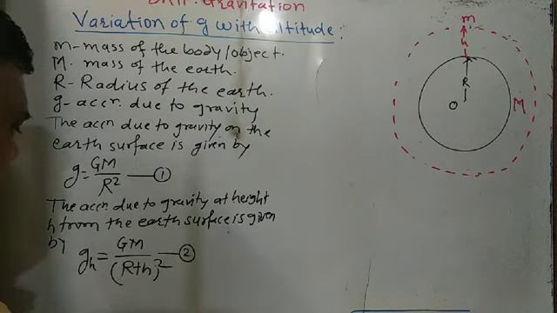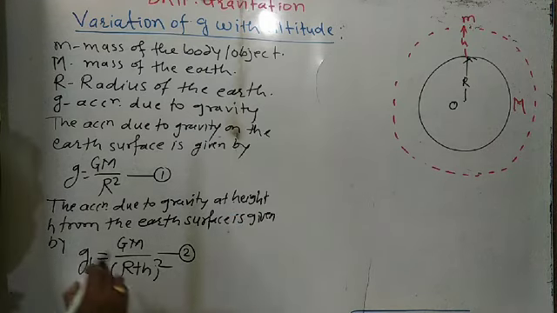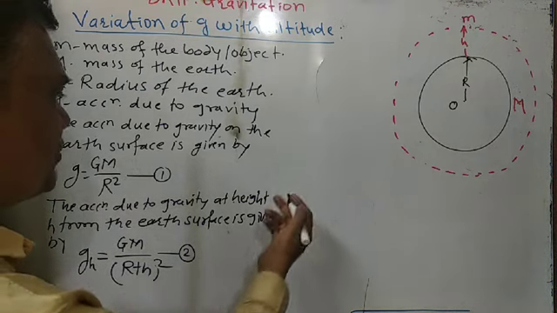This is equation number 2. But our aim is to find g_h, whether it decreases or increases.